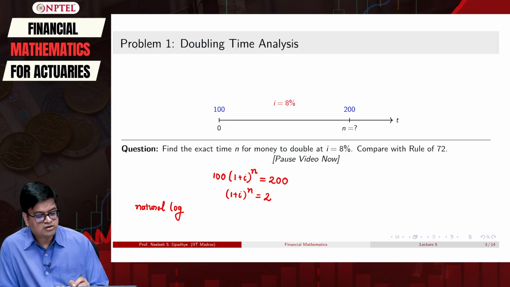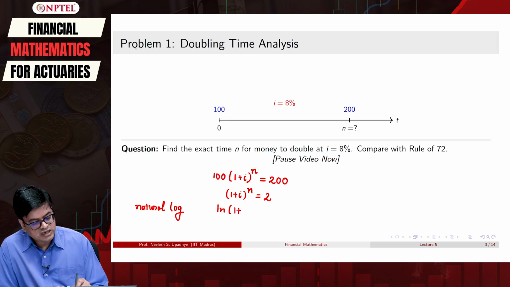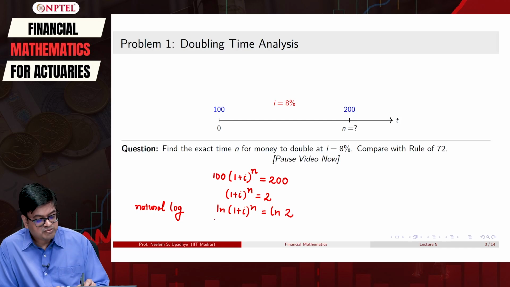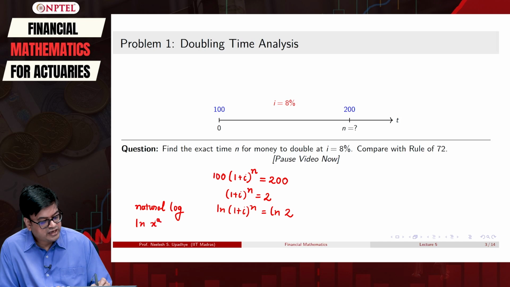Taking natural log on both sides, what I get is ln of (1 plus i) raised to n is equal to ln of 2. If I have ln of x raised to a, then I write a times ln of x. This is the formula in logarithms that we use.